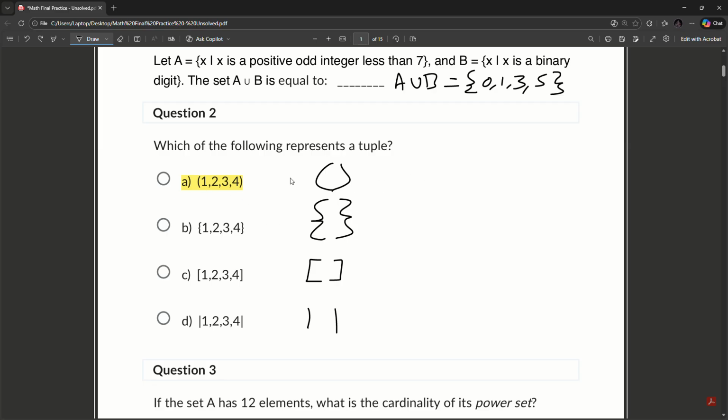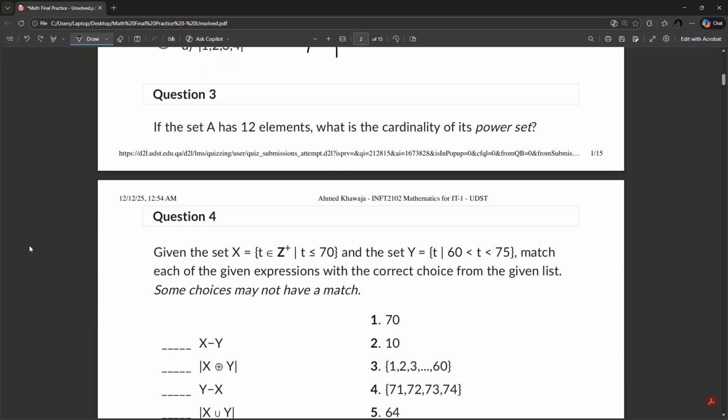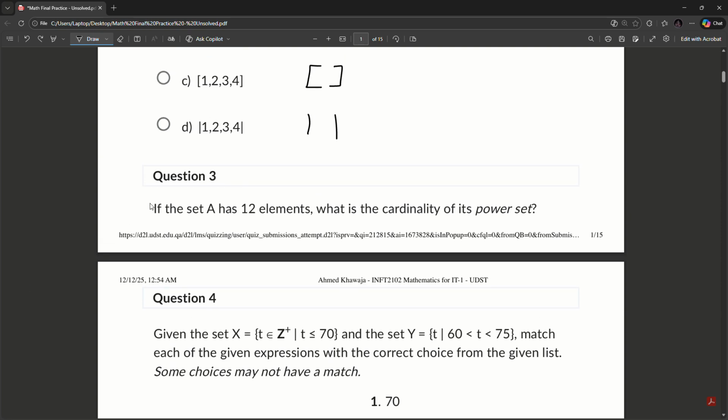Brackets, just normal brackets, is a tuple. Now, if set A has 12 elements, what is the cardinality of its power set? If I recall correctly from the cheat sheet, a power set is basically 2 to the power of the number of elements.